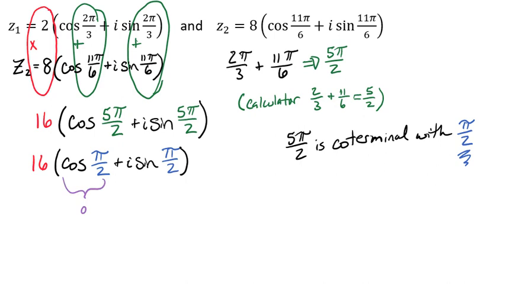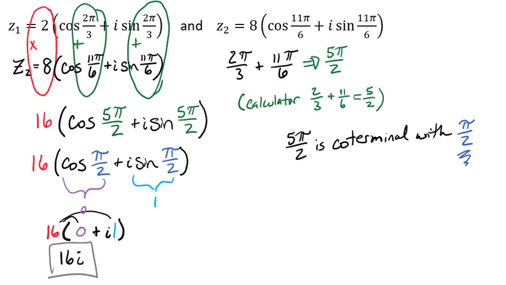Now we're ready to evaluate. The cosine at pi over 2 is 0, and the sine at pi over 2 is a 1. So that's going to give us 16 times 0 plus 1i. We distribute our 16. 16 times 0 is 0, and 16 times I is 16i. And that is our solution.